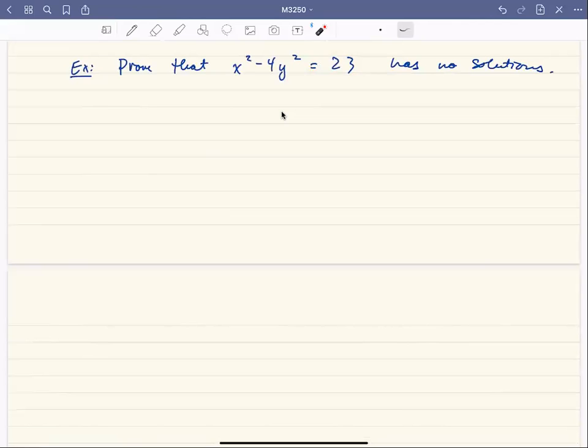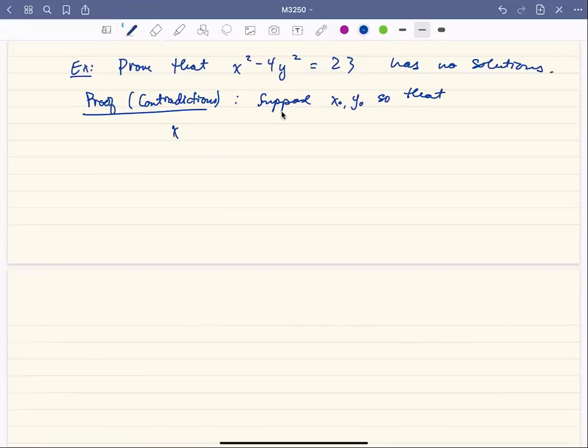And the way that we can do that is we'll do a proof by contradiction. Suppose that there was a solution. So suppose that we had integers, I'll call them x naught and y naught, so that x naught squared plus 4 y naught squared equals 23.